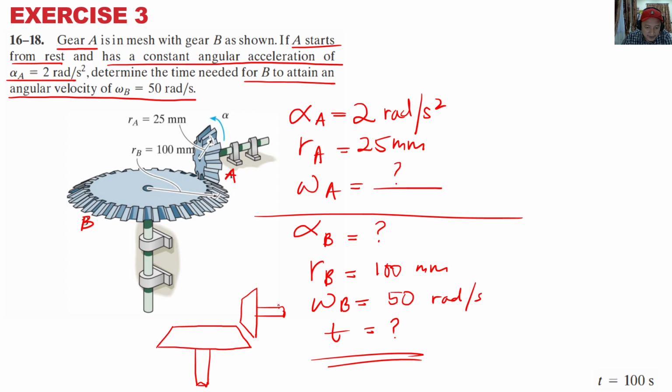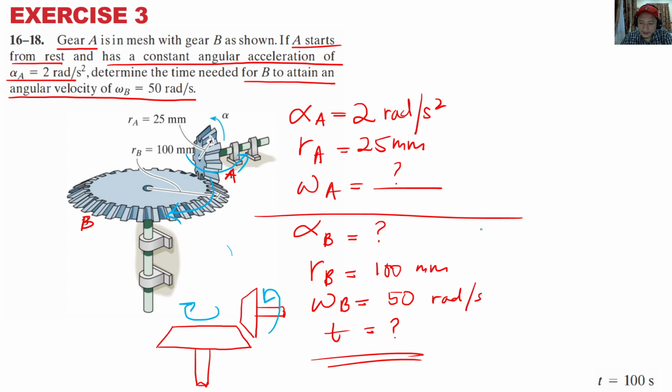When this driver gear rotates like that, this one will rotate like that. So any action that way will rotate this one that way. Am I right to visualize? Yeah, this is correct.